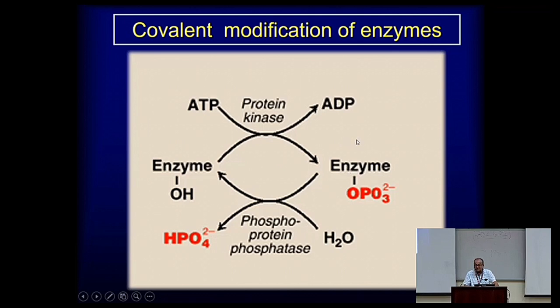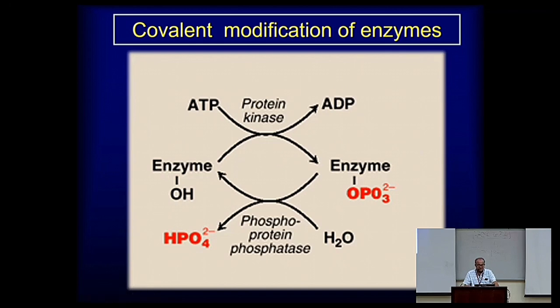Typically, covalent modification requires one of 2 enzymes to do that. So this protein kinase is the enzyme that adds the phosphate from ATP to this other enzyme. So this would be the effector enzyme here, and this is the protein kinase that modifies that effector enzyme.